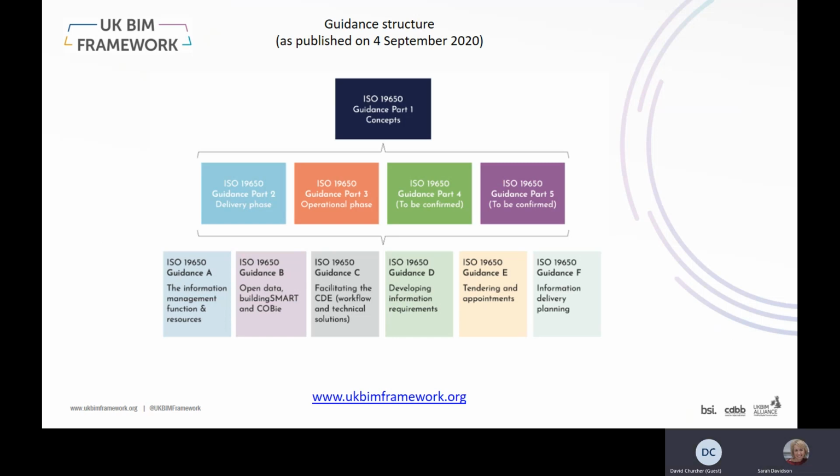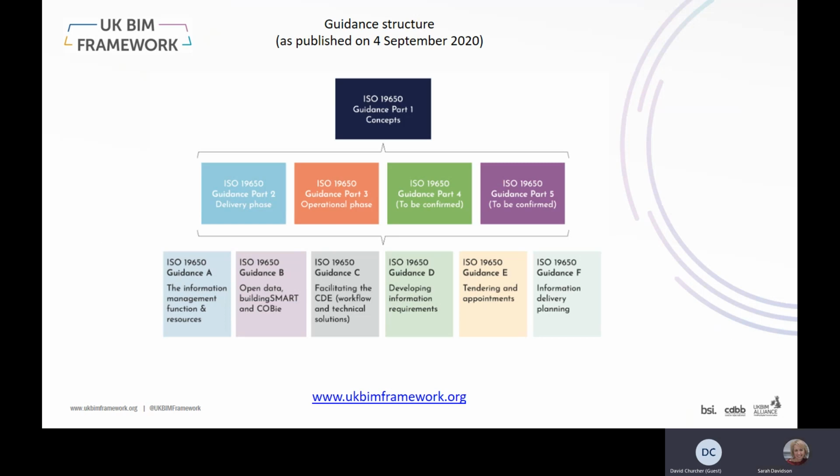In addition, we have guidance parts A to F, which are intended to cut across the whole of the ISO 19650 series, and they cover key themes where detailed guidance is considered necessary. Guidance for Part 5 will be developed by the Centre for the Protection of National Infrastructure, CPNI, in due course.